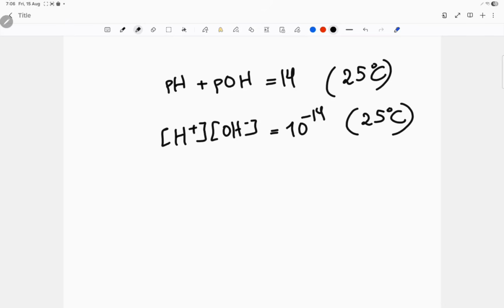What does this mean? H plus times OH minus equals 10 to the power of negative 14. This is called the Kw, by the way, which is the water dissociation constant. Does that make sense to you?